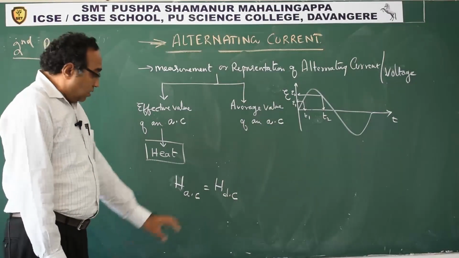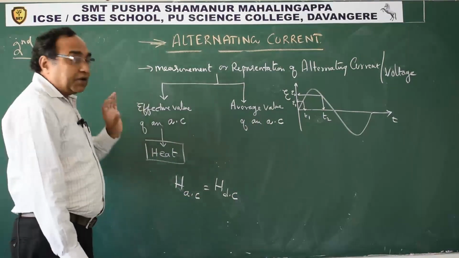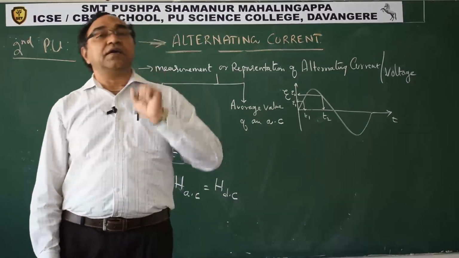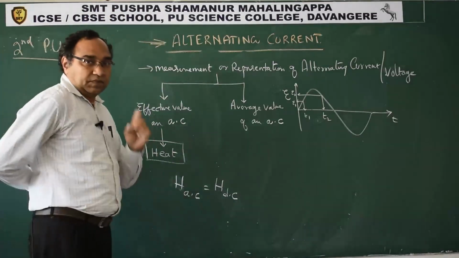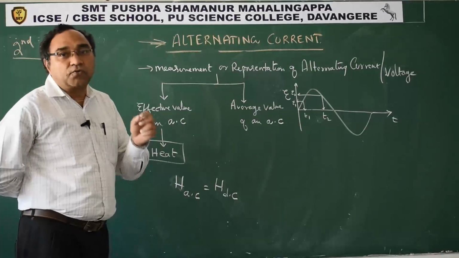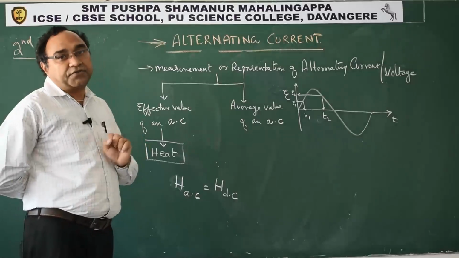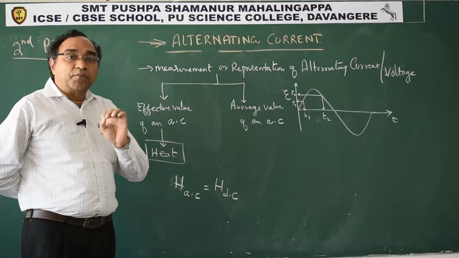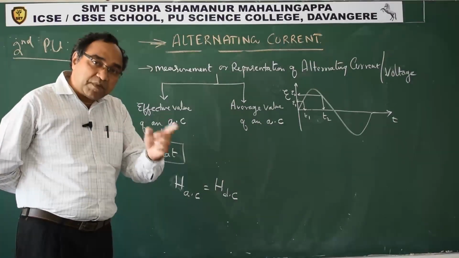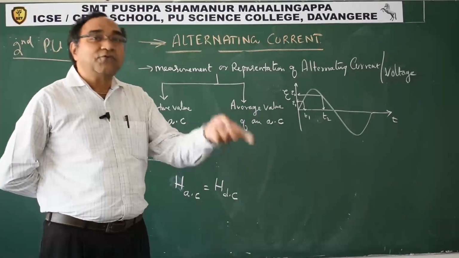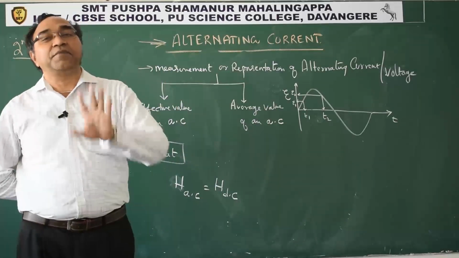How? Effective value of an AC is that steady current which, when passed through a given resistor for a given time, produces the same amount of heat as an AC through the same resistor in the same time.